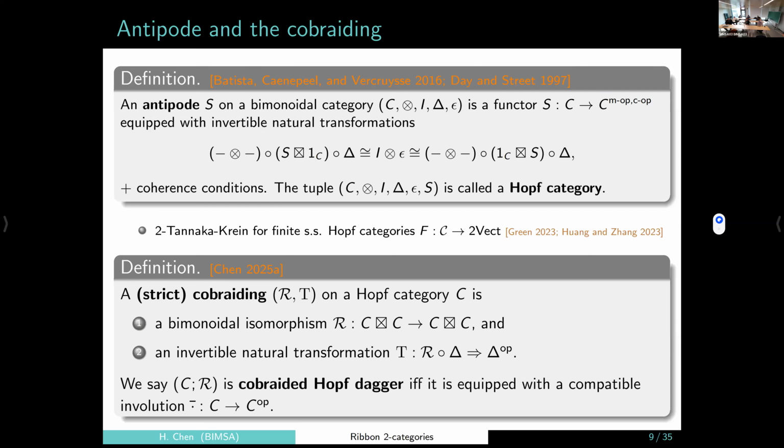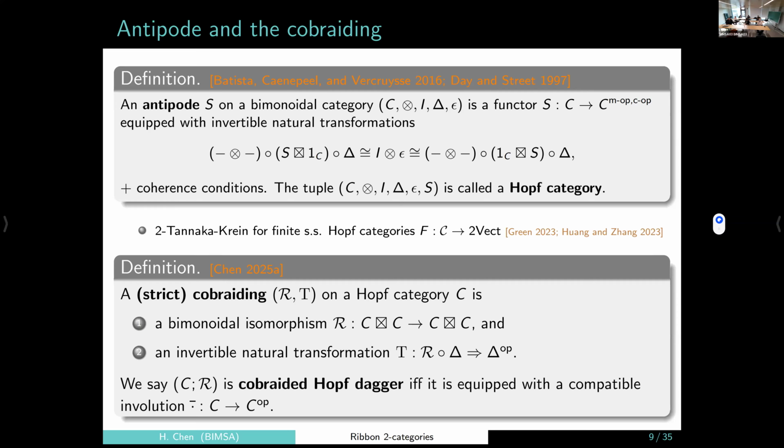So what's a cobraiding? A cobraiding is a tuple: this R is a bimonoidal isomorphism which goes from two copies of C to themselves, and an invertible natural transformation which goes from R composed with delta into delta opposite.